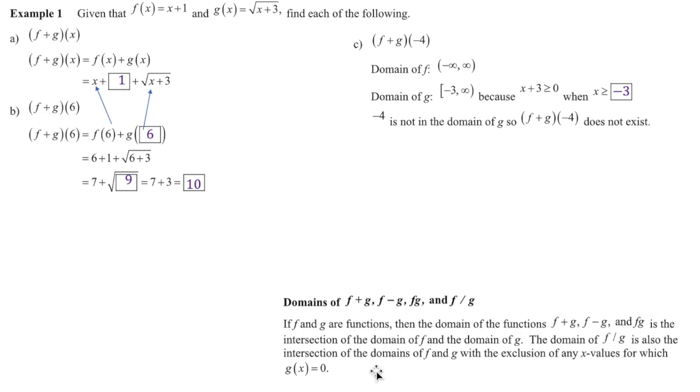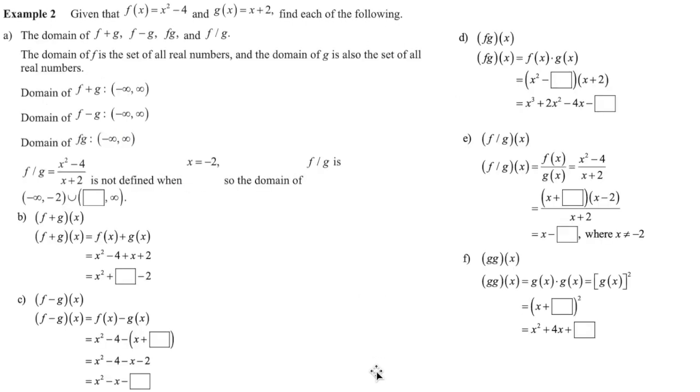If you're struggling to identify what the domains are, I highly recommend graphing them individually or graphing the finalized product of the addition, the subtraction, or the multiplication to help you. Let's say we have two functions. f of x is x squared minus 4 and g of x is x plus 2. Let's find the domain of f plus g, f minus g, f times g, and f divided by g.